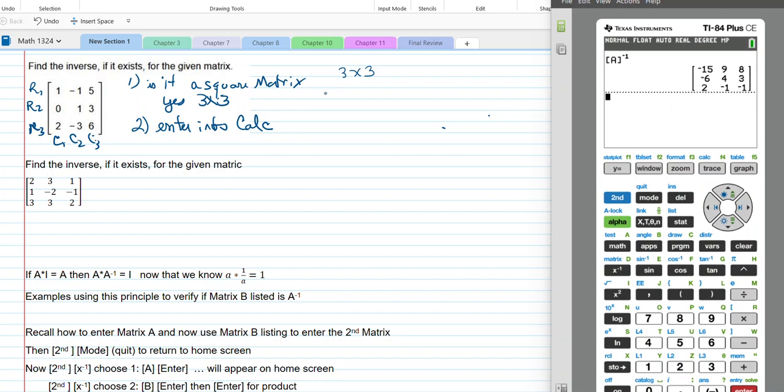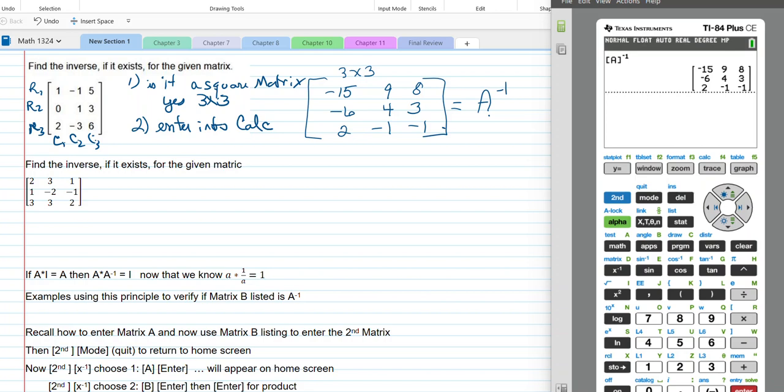And we have -15, 9, 8, -6, 4, 3, 2, -1, -1. And we're going to put it as a proper item and say this is A inverse. Matrix A inverse.